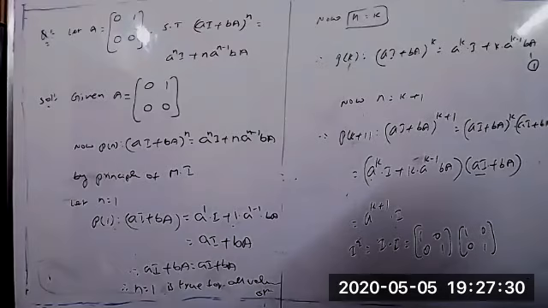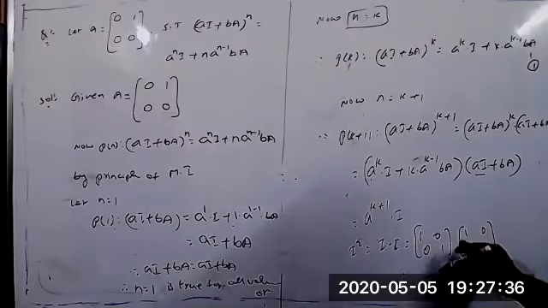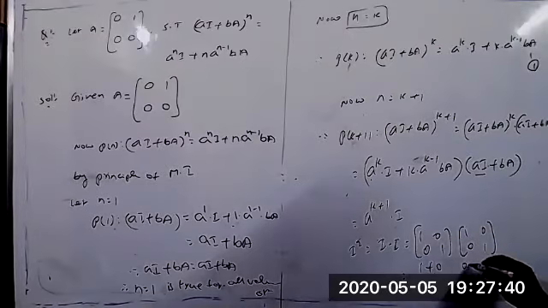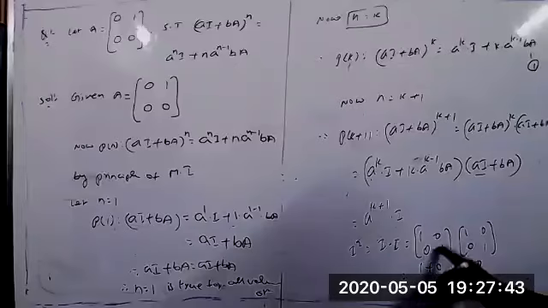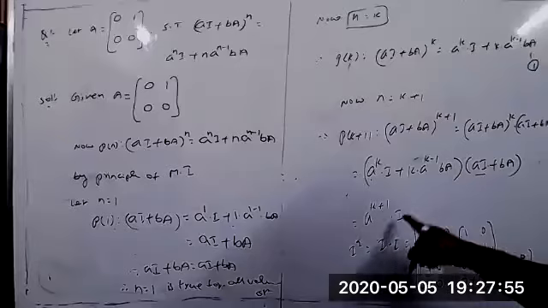If you take I square, I cube, everything gives the same matrix. Multiply: 1 into 1 plus 0 into 0 equals 1, 1 into 0 plus 0 into 1 equals 0, 0 into 1 plus 1 into 0 equals 0, 0 into 0 plus 1 into 1 equals 1. We get the same thing, [[1, 0], [0, 1]]. So the value of I into I is I only.